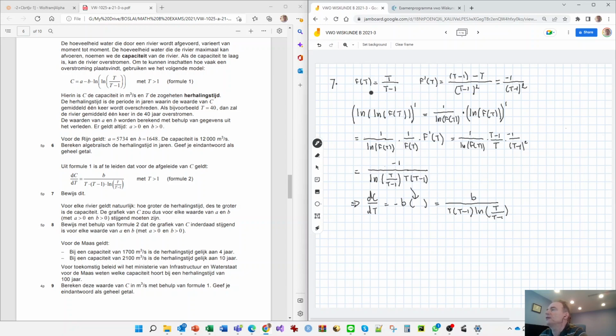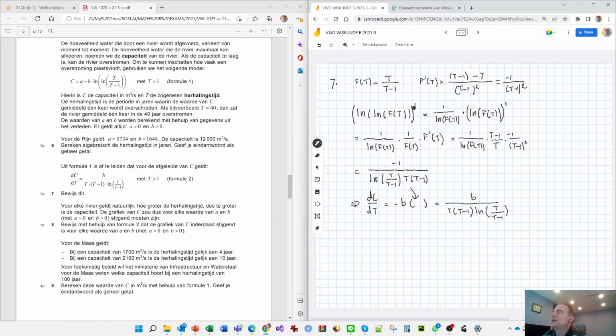Okay, well, this is our function here. You basically can split it and do some work first. Here, the derivative of A is trivial, it's 0. And then the derivative of the second term is just minus B times the derivative of this double log.